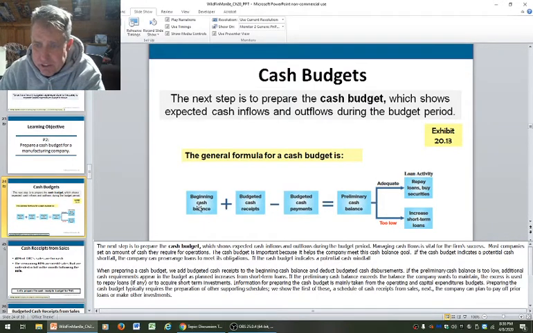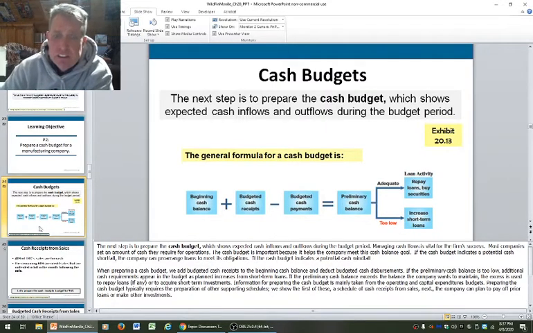So you have the beginning cash balance, plus budgeted cash receipts minus budgeted cash payments equals the preliminary balance. The general formula is, if it's adequate, we can use the extra cash to repay loans and buy securities. If it's too low, we have to increase short-term loans to cover our cash position.